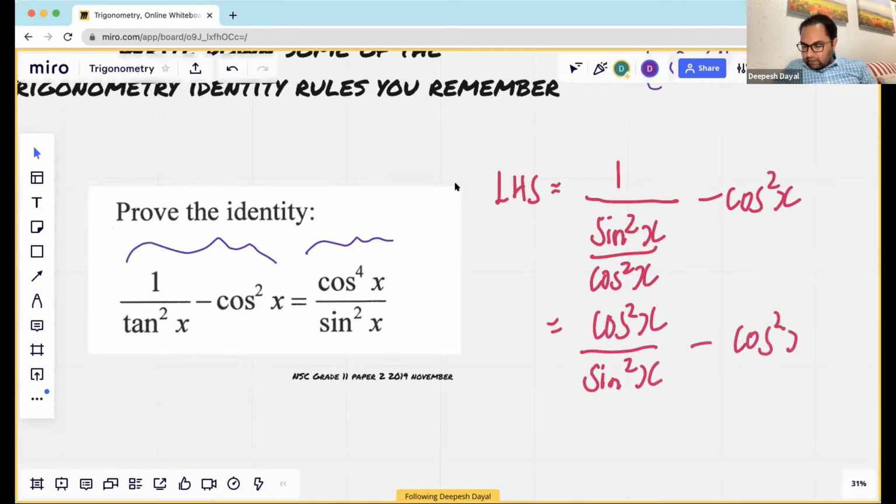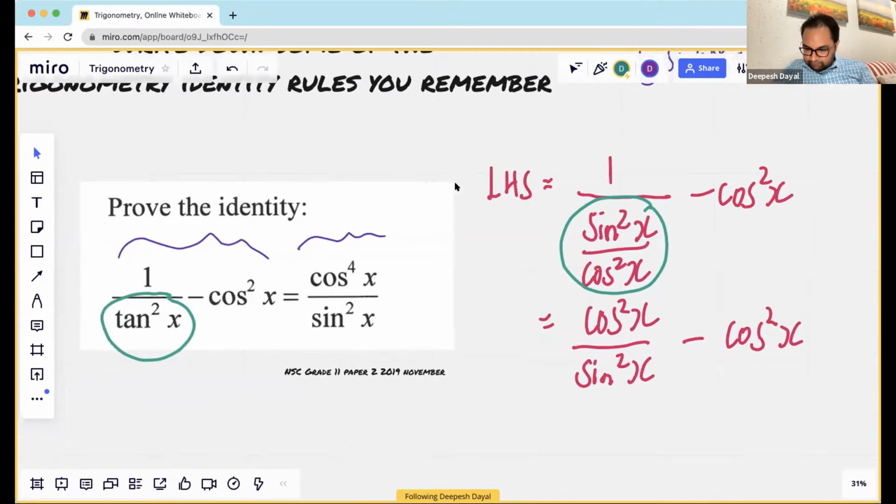Okay. So basically, everybody, in the first step here, you've got 1 over sine squared x over cos squared x, because sine squared x over cos squared x is tan squared x, right? So this is what we had for tan. And then remember, because it's 1 over, we do flip and times. Now it becomes cos squared over sine squared, right? What do we do next, Sinesipo?